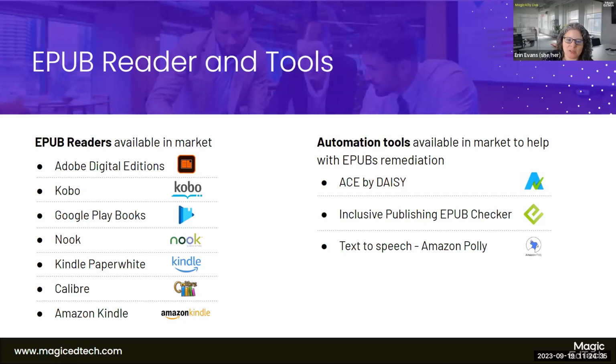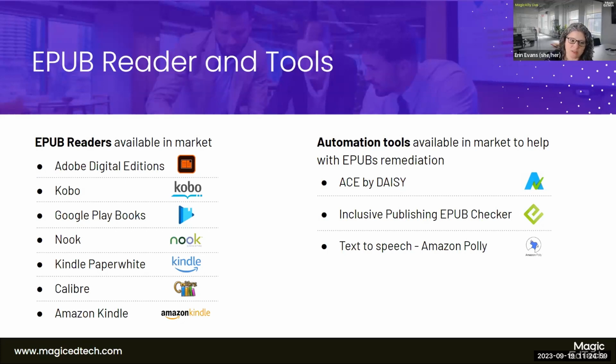So please continue to type in there, and we're going to talk through just some of those different devices and tools on the screen here. We've just listed out some of the different ePub readers that are available in the market, as well as some automation tools that are used for remediation and checking. So in the chat, you have mentioned your Nook, your Kindle, your iPad.